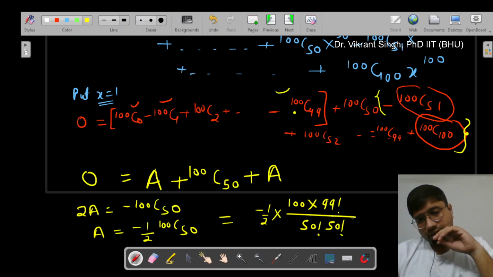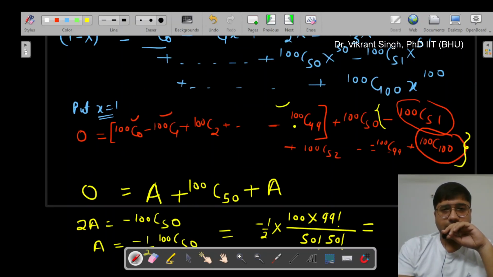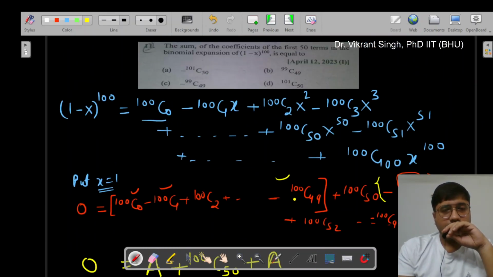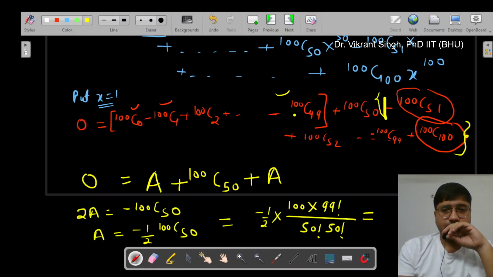So after simplification, this is coming to be 50. So we have to see the options. What are the options we have? The options are 99 or 101. So 101 is not possible, but the 99 option is possible.